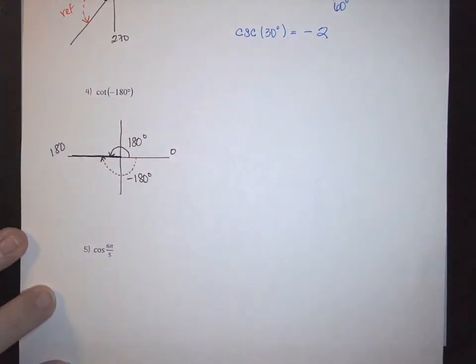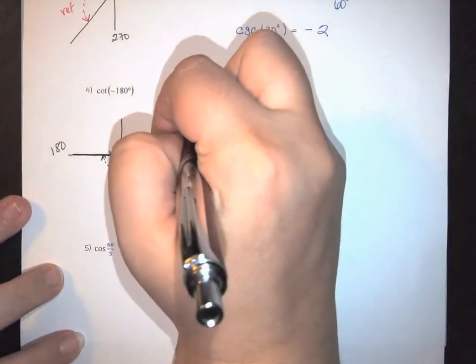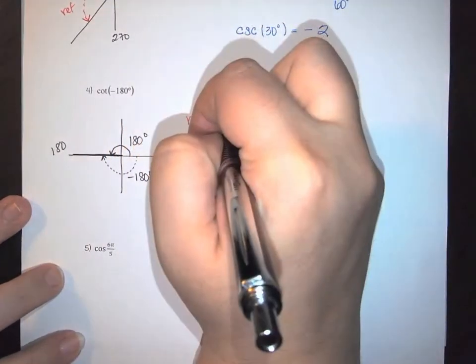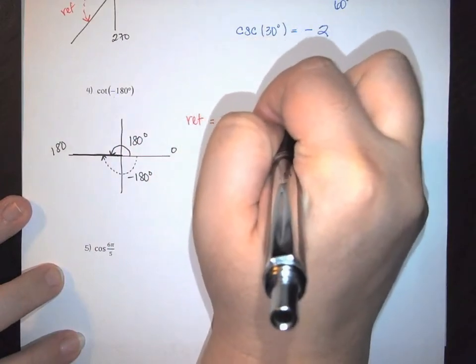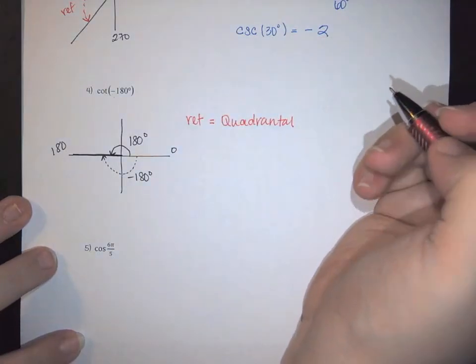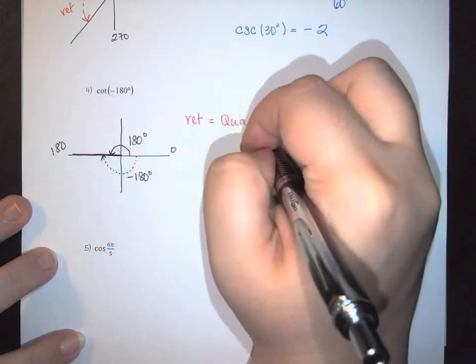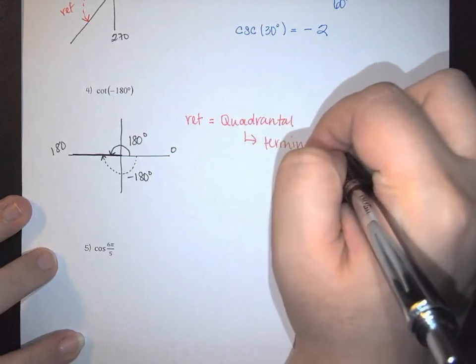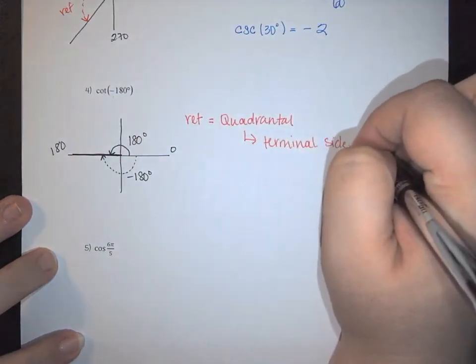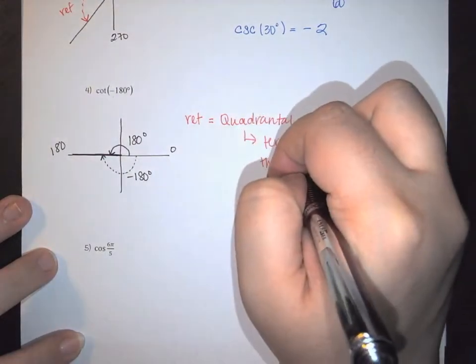Well, we got a little problem here because this does not draw us a triangle. Okay, so what this is actually called is that your reference is actually called a quadrantal. A quadrantal essentially says, so your definition says that your terminal side falls on the axis.